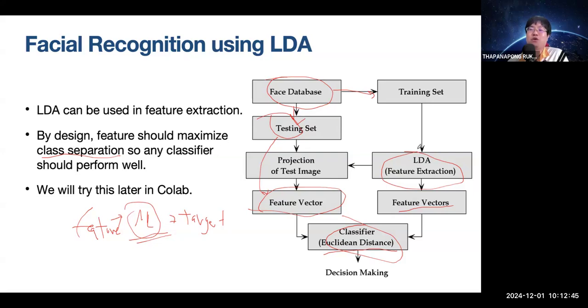But of course, for LDA, the feature doesn't actually have meaning. Most of the time, it's going to be some abstract mathematical space that only the computer understands. Sometimes humans can try to crack what each axis means, but most of the time they typically don't.